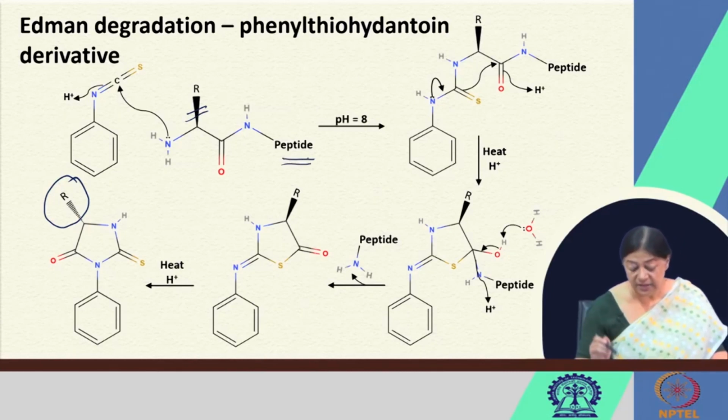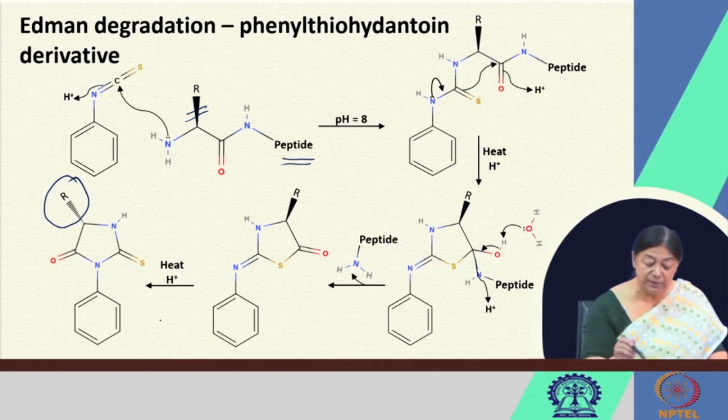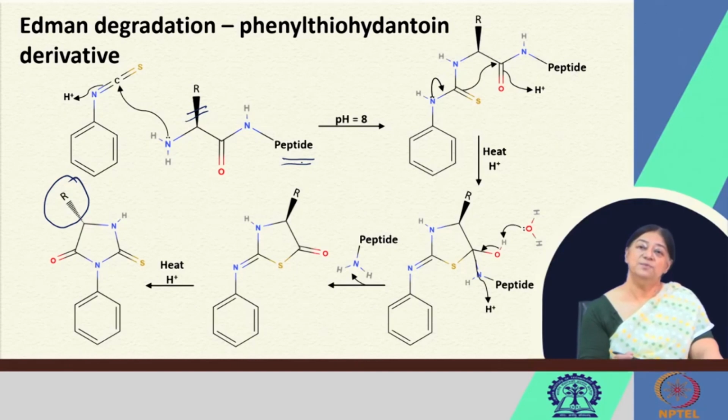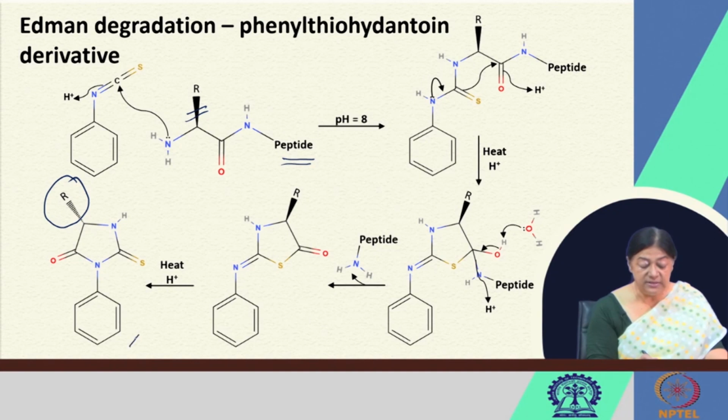This is important in an understanding of what the identifier is for the first amino acid, because this is the rest of the peptide. Now, the interesting part here is that we can now subject the rest of the peptide to the same reaction, because now we have a new N terminus. So, we can find out what that N terminus is based on the specific sequence of the reaction. So, in this degradation, we can find out the N terminus.